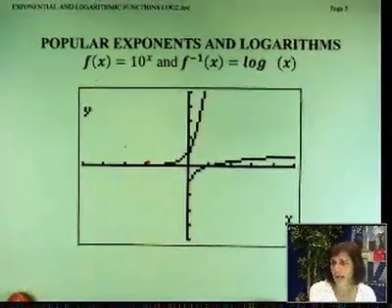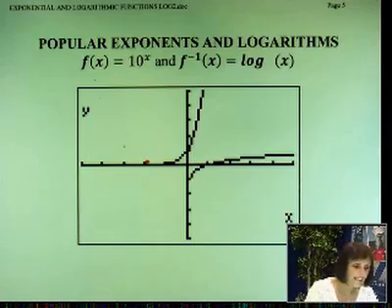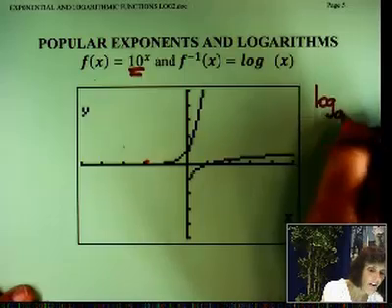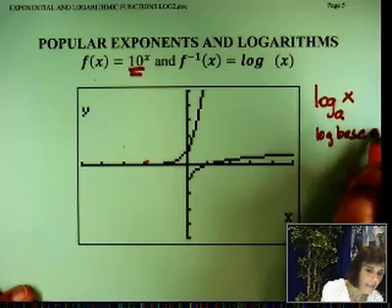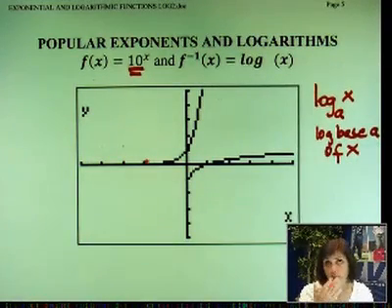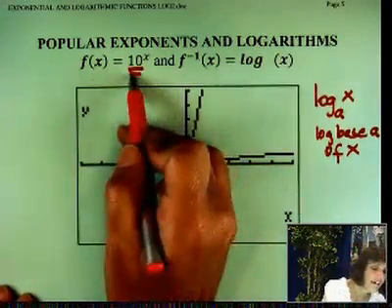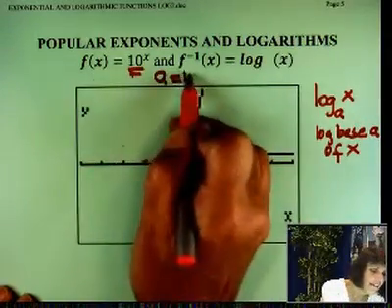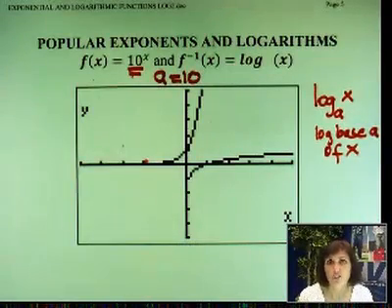Okay, now I'm going to look at certain popular logarithms. When I have a base, remember how I write the logarithm? Log base a of x. This is how you read it. Log base a of x. Okay? And what was a? A was either bigger than 1 or between 0 and 1. Now, if my base is 10, the log is not going to take that a. This is when a is 10. You don't have to put that 10 in there. You are going to put log.